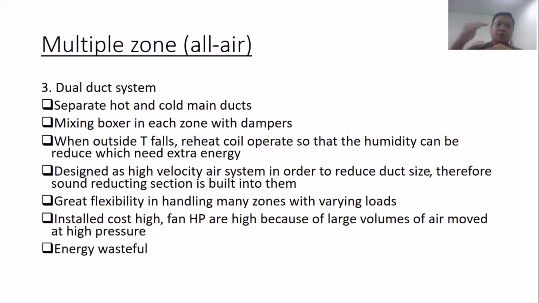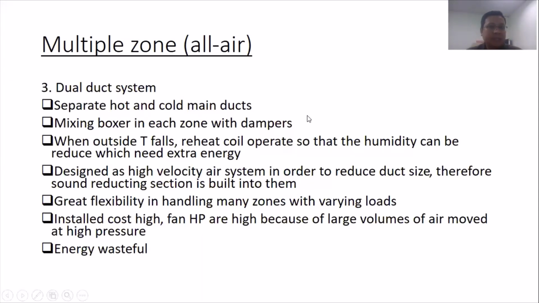So hot and cold will meet in a certain position, and then we mix and supply to a certain room if we need, and then we can make a ratio for mixing between the hot and the cold condition.